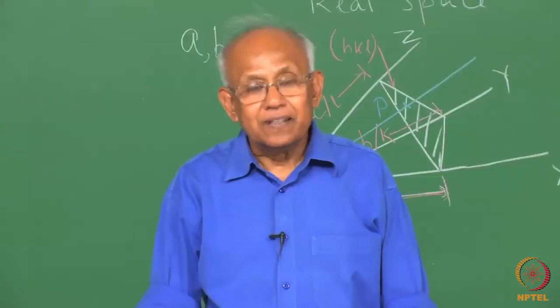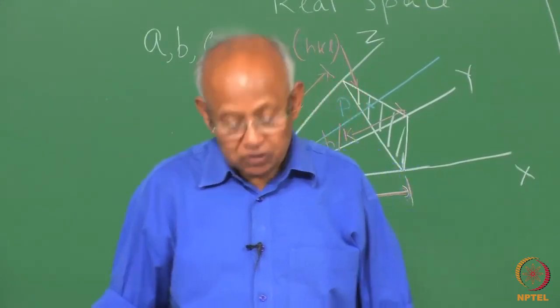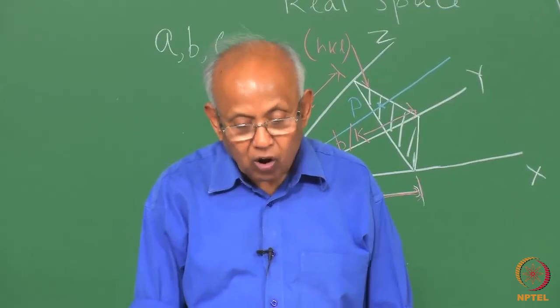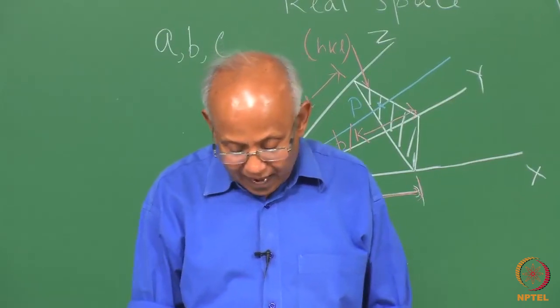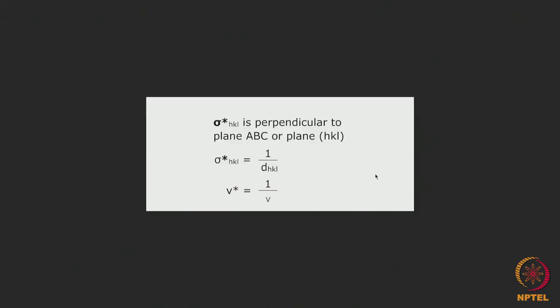So, these are three very important relationships which exist between a reciprocal lattice and a corresponding real lattice. So, we have proved that a vector sigma star HKL in the reciprocal lattice is perpendicular to the plane HKL in the real lattice.